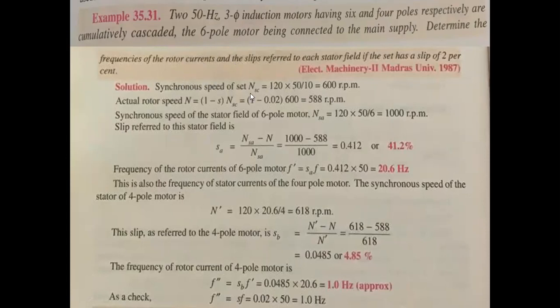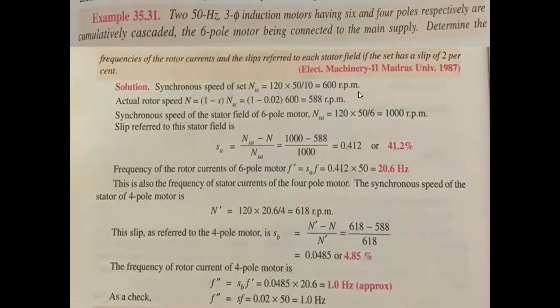First we have to find the synchronous speed of the set, NSC, which is equal to 120 F by P. F is 50 Hz, the set frequency, and for P we have 6 poles and 4 poles, so the total set poles are 6 plus 4, 10. So 120 into 50 by 10 is 600 RPM.